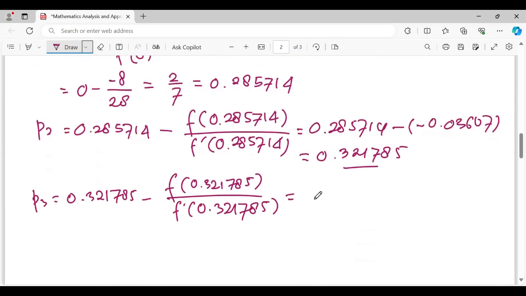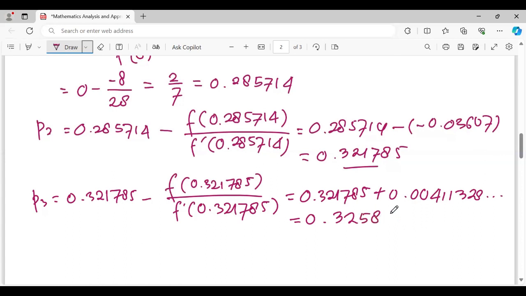So it's going to be 0.321785 plus 0.0041132, and so on. And the result is 0.325898, and so on.